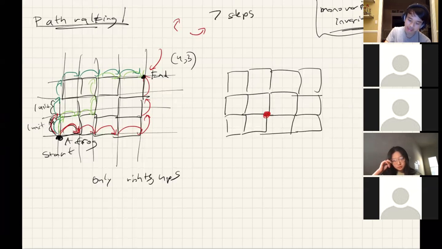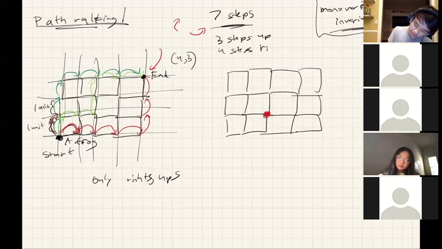If you look even closer, you'll see that the frog always takes 3 steps up and 4 steps to the right.